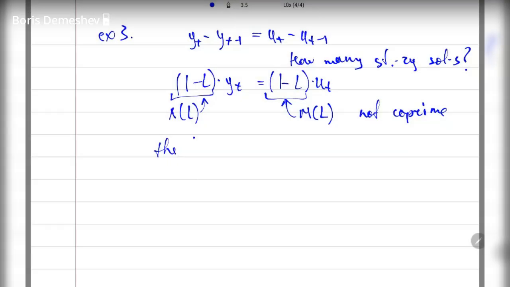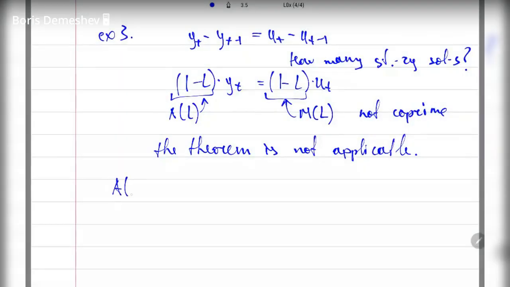The theorem is not applicable. Obviously, we have only one unit root, the root equal to 1. If I solve A of L equal to 0, 1 minus L equal to 0, L is equal to 1. We have a unit root.